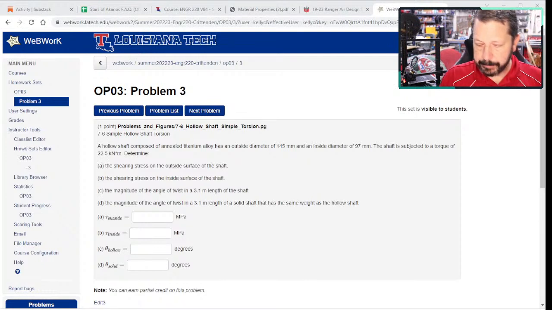And then J will be pi, I'll use the diameters here, pi over 32. It is hollow, so that's going to be c to the fourth, which is 0.145 meters to the fourth, minus b to the fourth, which is the inner radius or diameter.